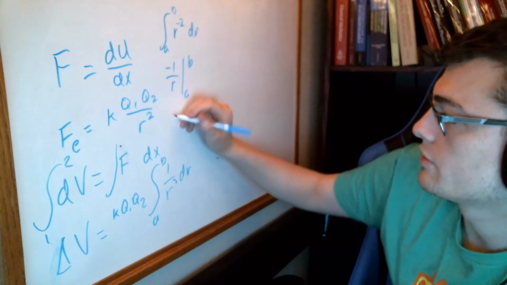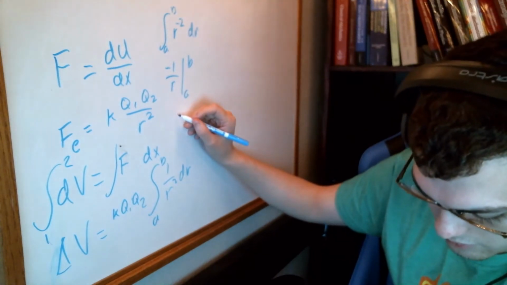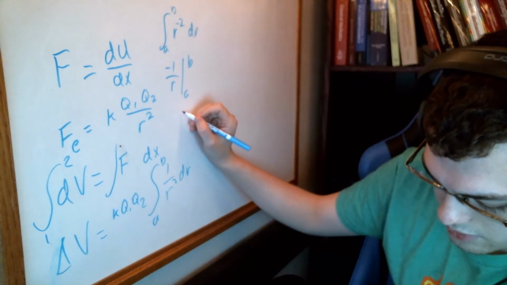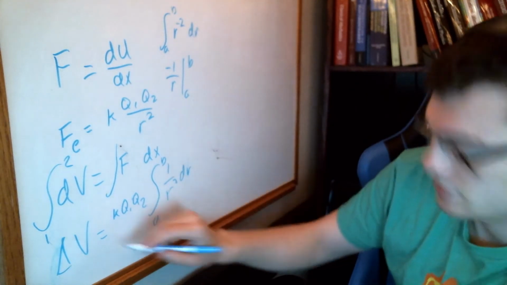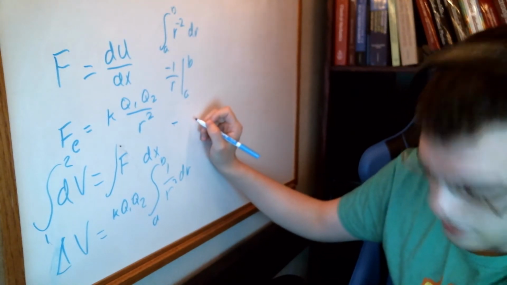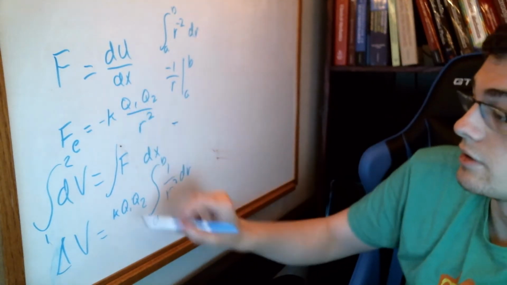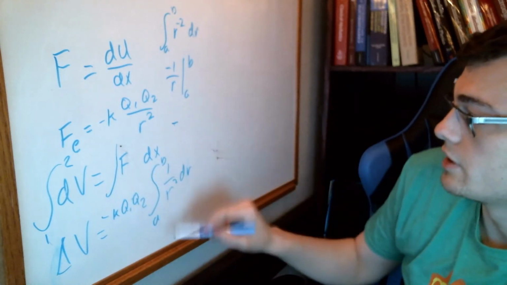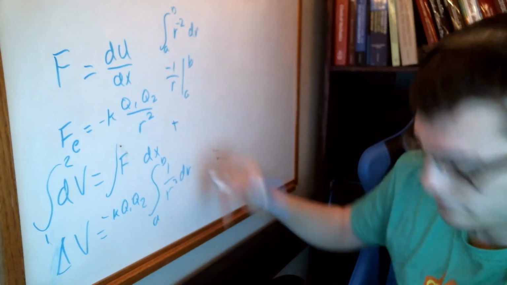From here, we can generalize this. I guess there's supposed to be a negative out front here; I've left that off. That negative cancels there and we get a positive.